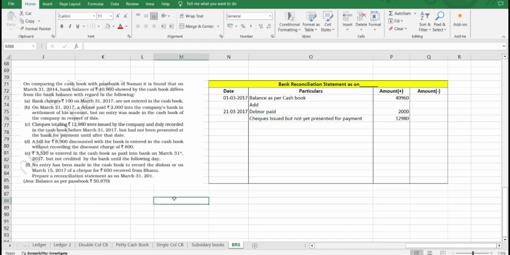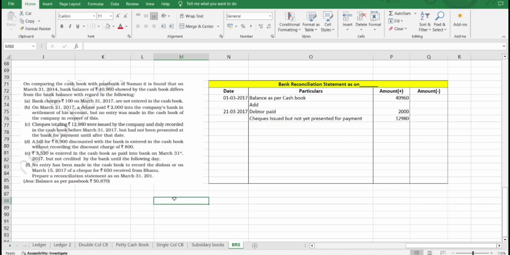So point D, a bill of rupees 6,900 discounted with bank is entered in cash book without recording the discount charge of rupees 800. So our point D explains that a bill of 6,900 is discounted with bank. If it is discounted with bank, there will be an entry in the passbook too, and it is entered in cash book too.